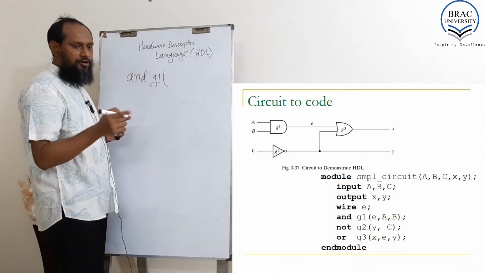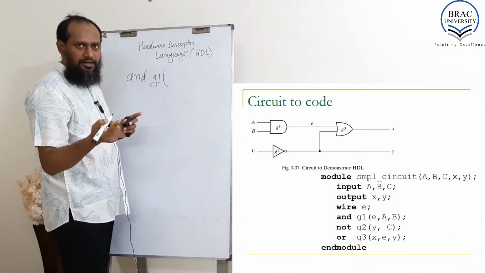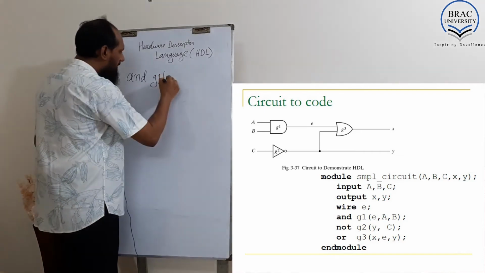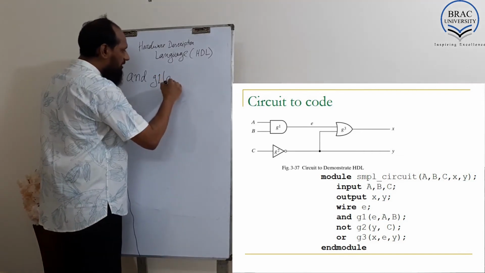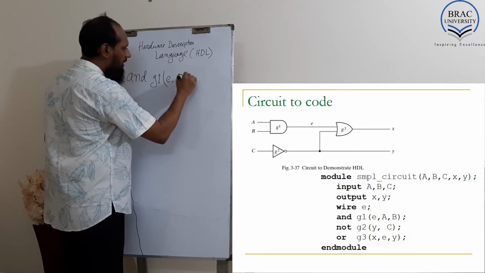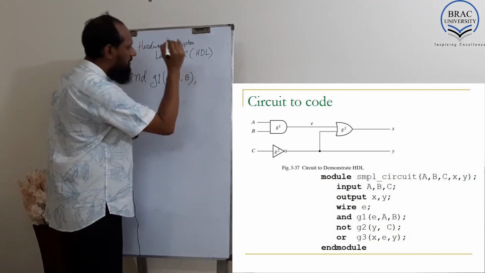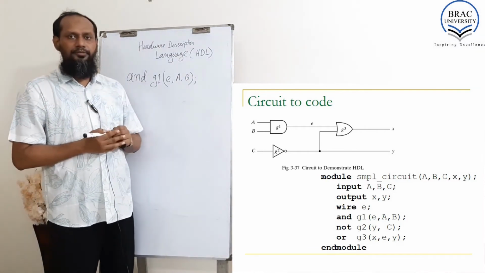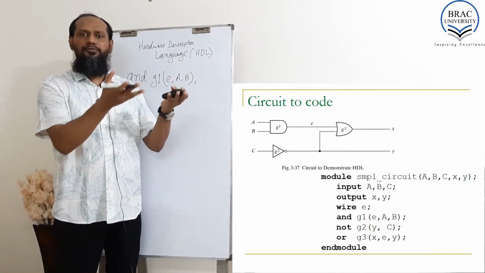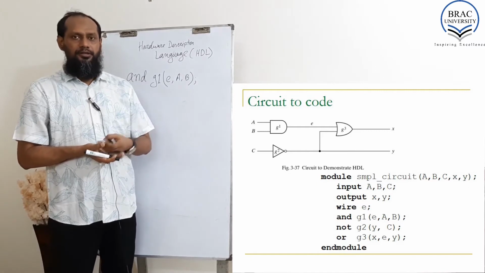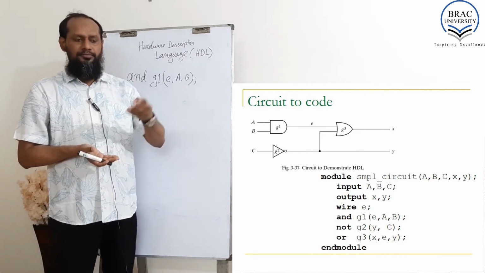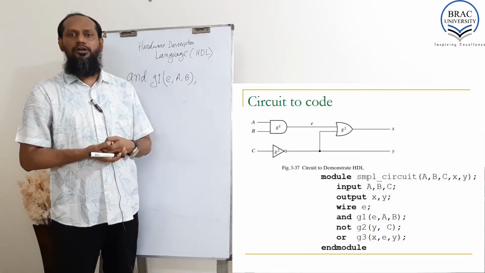So for G1, the output is E and then the inputs A and B. Done, and it will finish with a semicolon. The same thing applies for the NOT gate, and also for the OR gate.